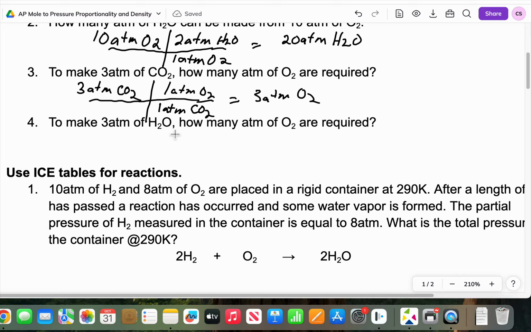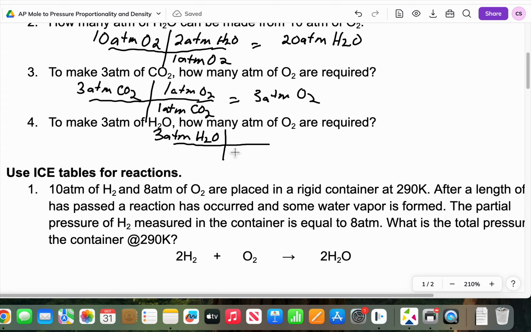Now this one's going to be maybe a little bit trickier, so watch this one. If you have 3 atmospheres of H2O, how many atmospheres of O2 are required? For this one, notice that the O2 has more O's than the H2O.